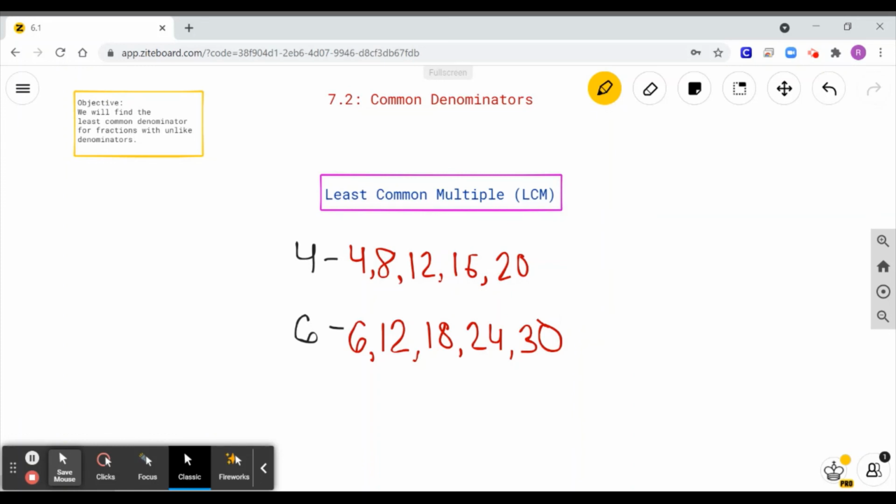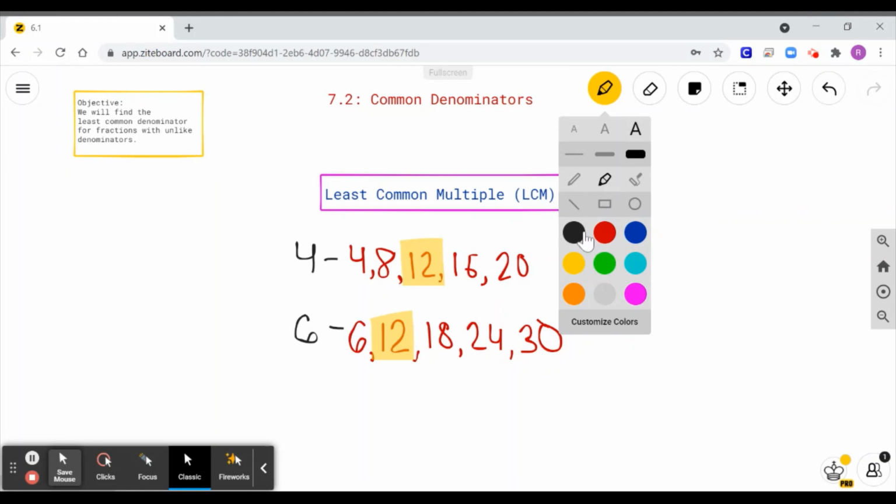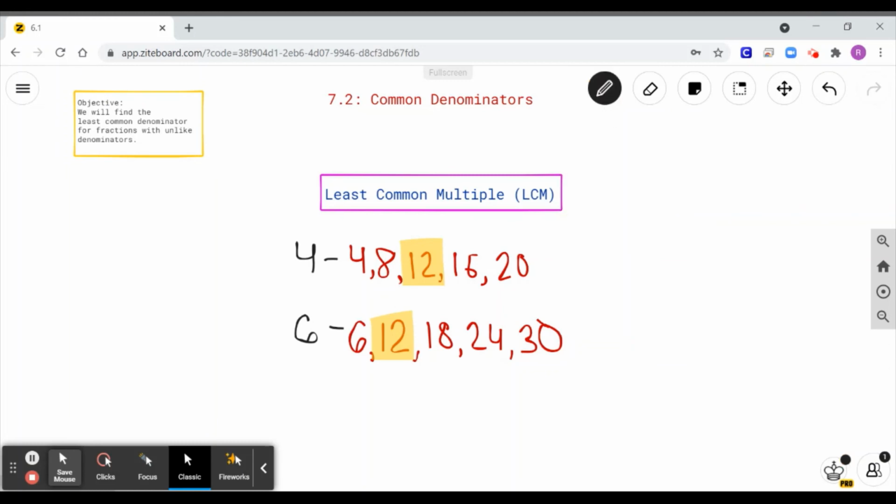So I'm looking at 4, no 4 down here. Looking at 8, no 8 down here. I have a 12 and a 12. So I'm going to highlight a 12 and a 12. And I think that's all for what's listed. So our least common multiple for 4 and 6 is 12.